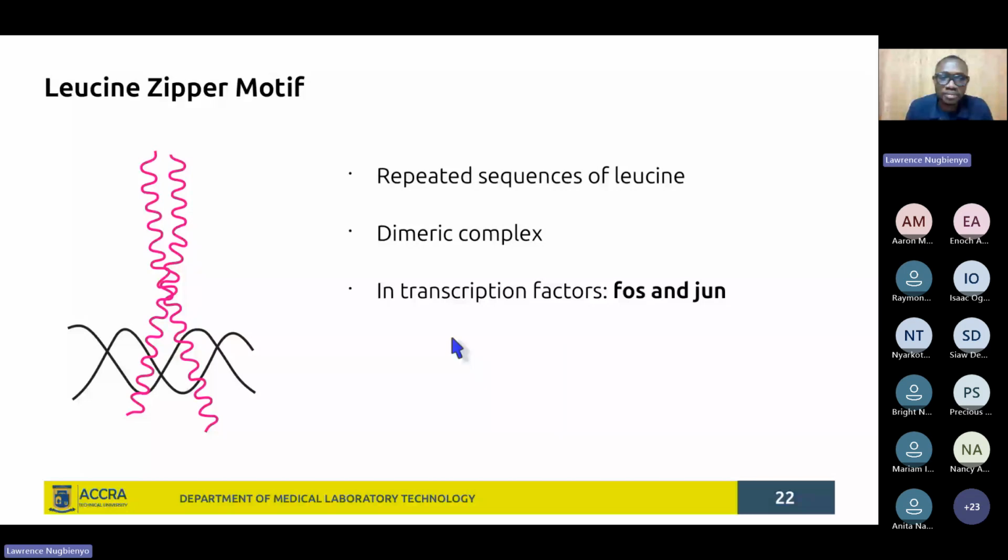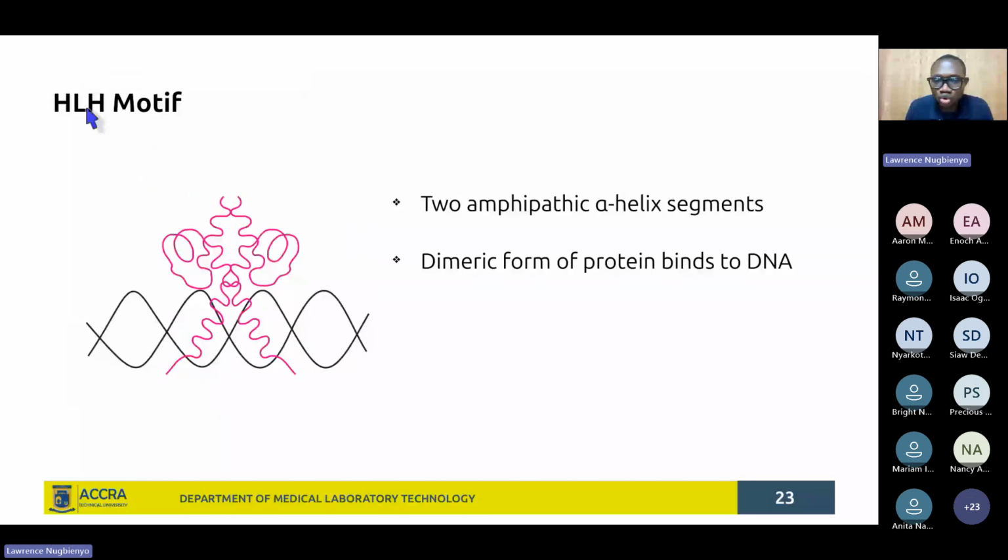I think this should be the last, the helix-loop-helix. Here too, you can see the helix structure of the protein, helices that interact with the nucleic acid. And you see a loop on both sides, and after the loop, you see another helix again.